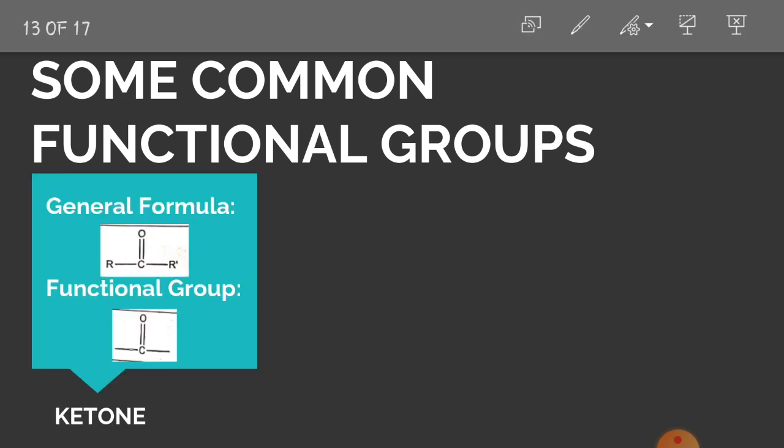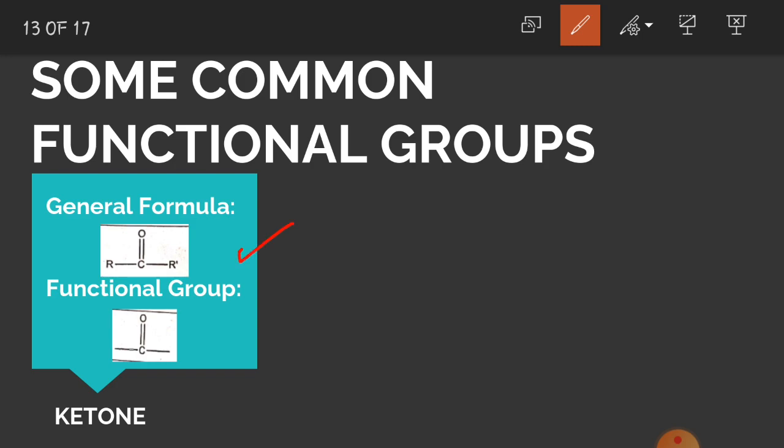Now for ketones, the general formula is represented like this. The functional group in ketones is the carbonyl group, that is C double bond O. At both sides of this carbonyl group, 2 alkyl groups are attached. How will you differentiate between aldehyde and ketone? In aldehyde, at one side an alkyl group is attached and on the other side hydrogen is attached.